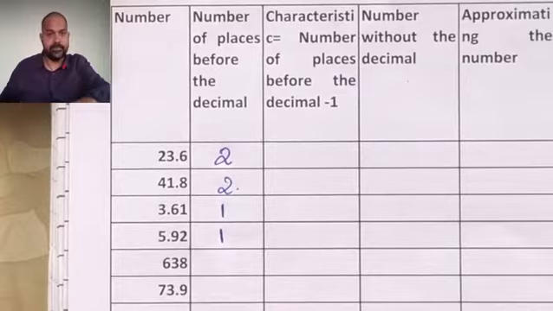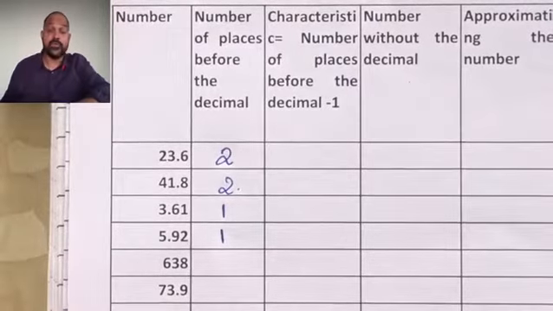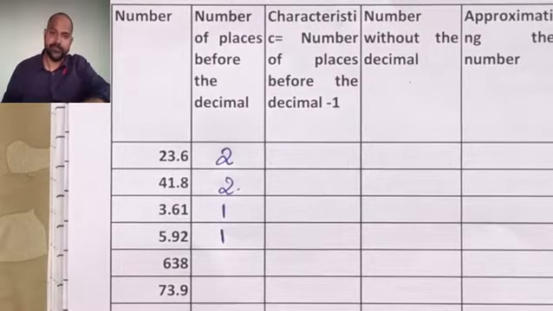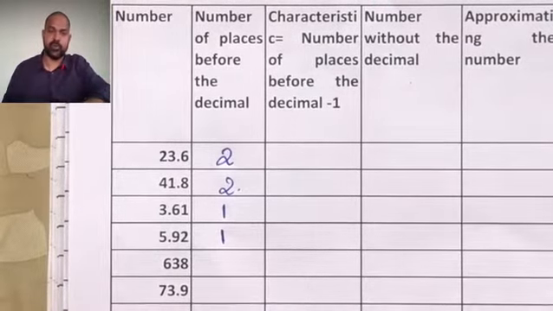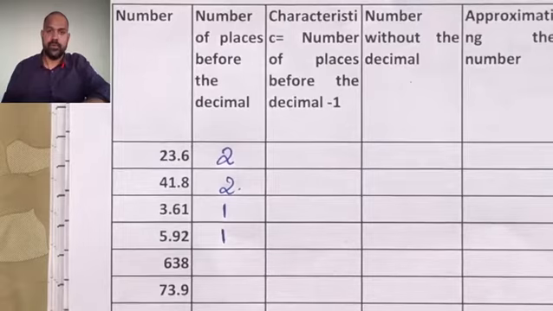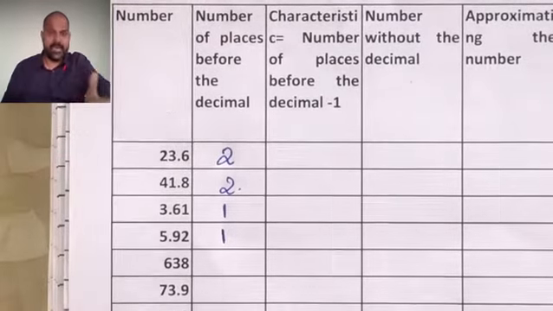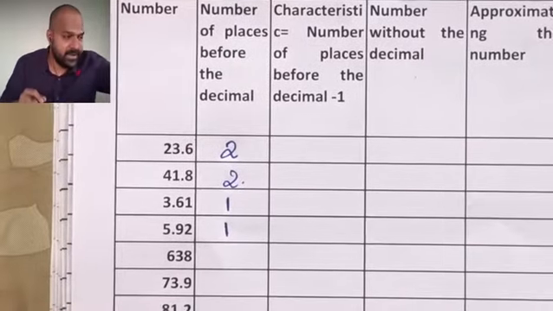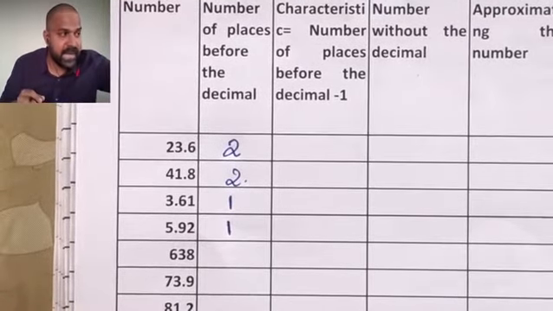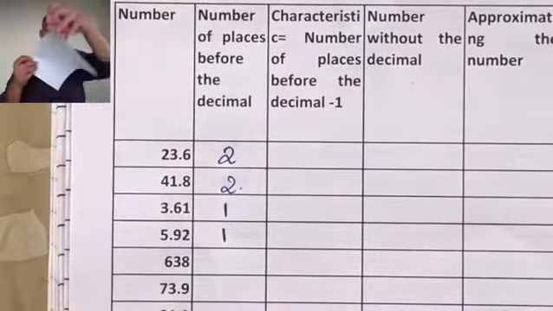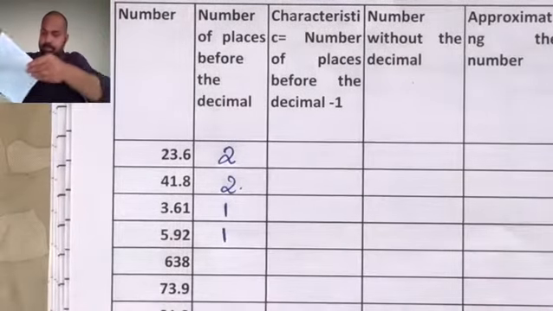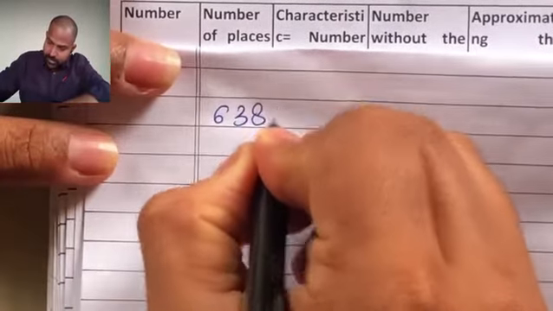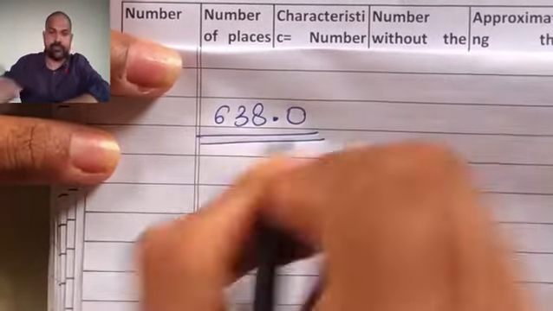638, there is no decimal, which means there are 0 places before the decimal. Is that correct? That's wrong. When you write a number like 638, you know what the number actually is? This is not 638. I will tell you what the actual number is. The actual number is 638.0.